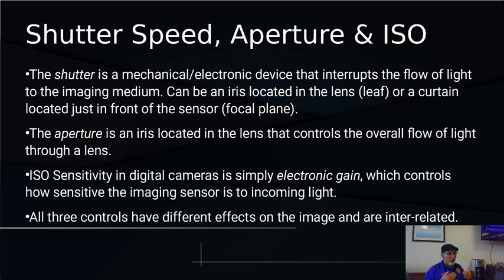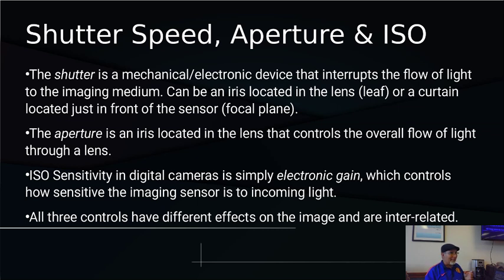Or it could be a curtain that's right in front of the sensor, and that's called a focal plane shutter. The focal plane is literally the surface of the sensor, okay? Because that's where you're focusing your light, and that's where you're capturing your image. So a focal plane shutter literally comes up right in front of the sensor. It may not touch it, but it's as good as touching it, okay?